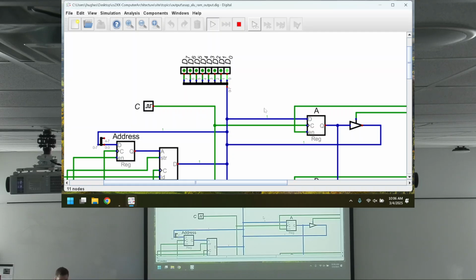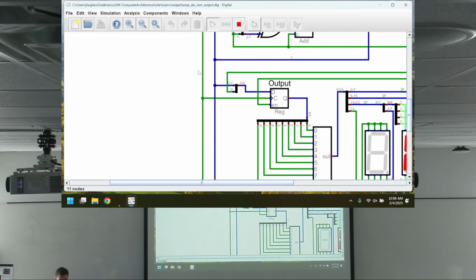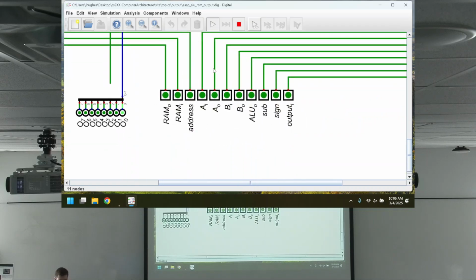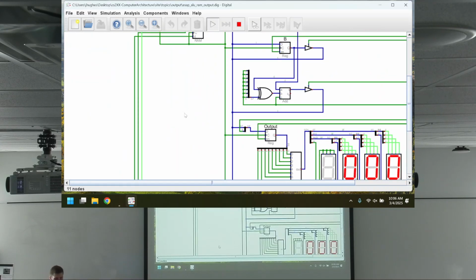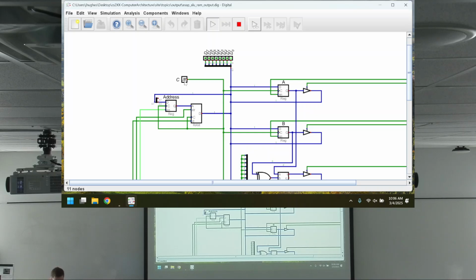One there, and we'll do address in. Geez, this is tedious. Clock pulse, so now there should be a 1 on that line. Yep, okay, set these back to zero. Ooh, that was close.